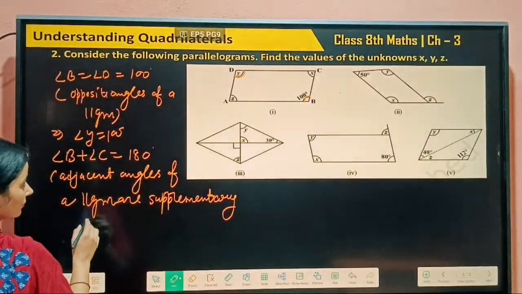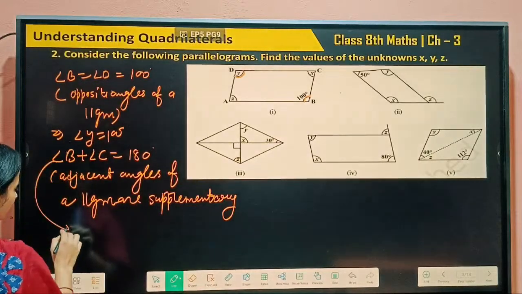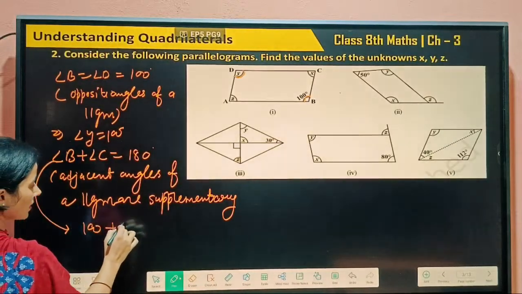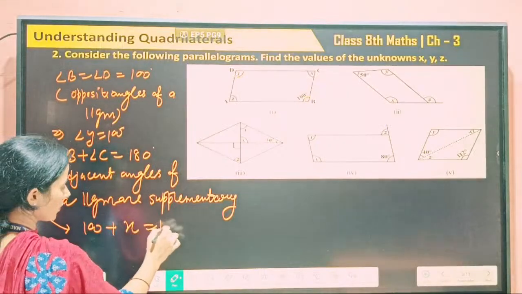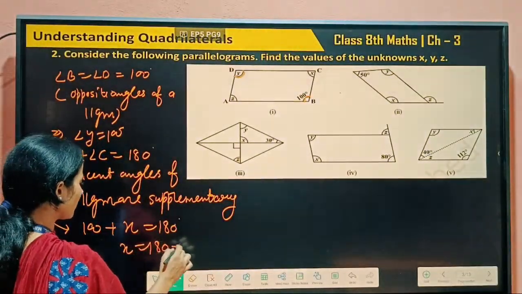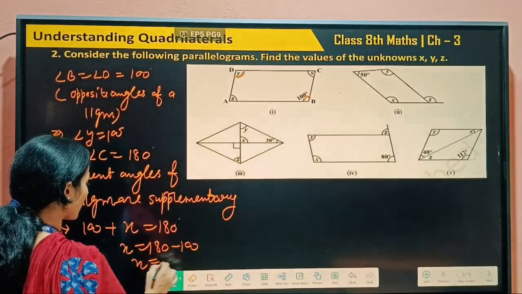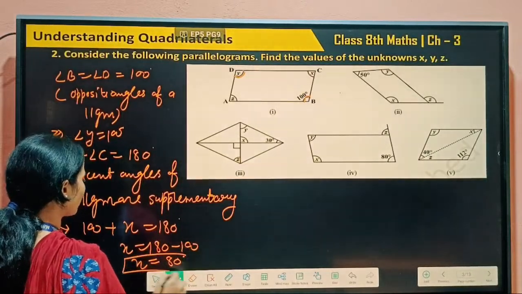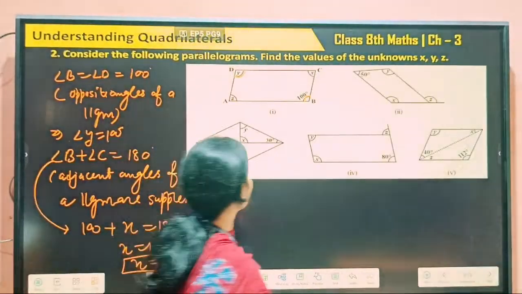It means angle B is 100 degrees, angle C is x, so the sum equals 180. Angle x equals 180 minus 100. That is, angle x equals 80 degrees.